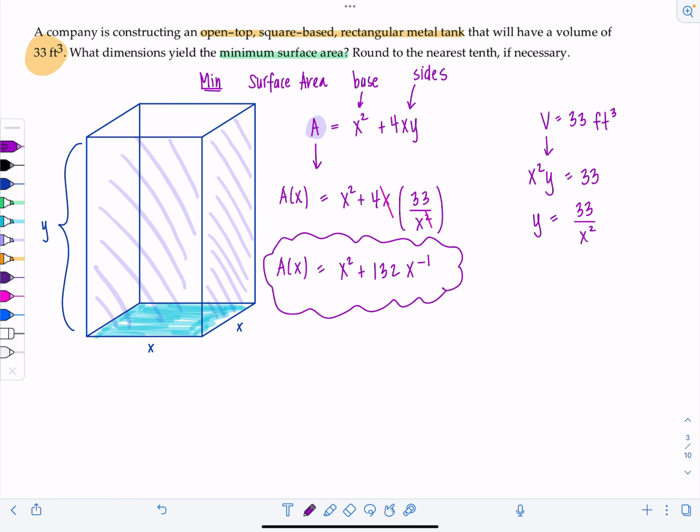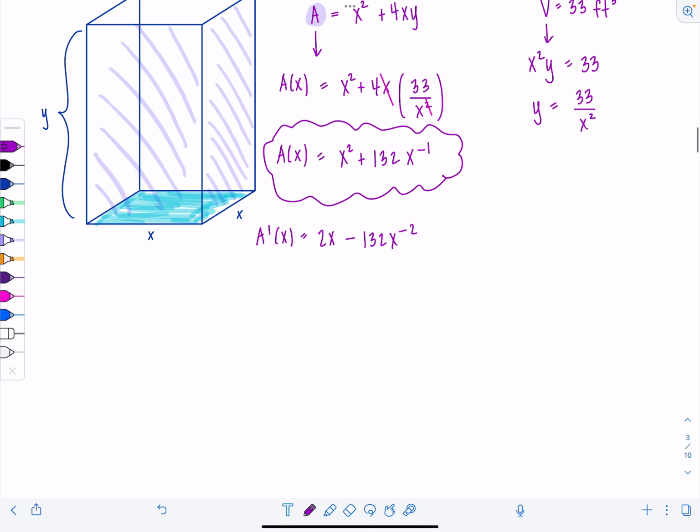So I want to get everything ready. Let's take a derivative so we can get our critical values. A prime of x would be 2x minus 132 x to the negative second. Let's see if we can find our critical values. I always tell my students, get a common denominator and clean it up.